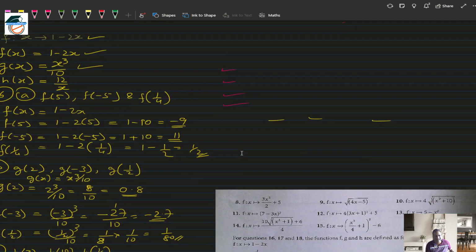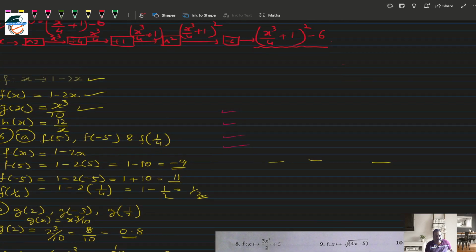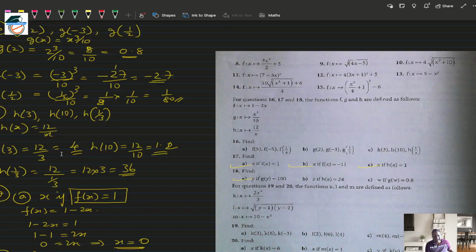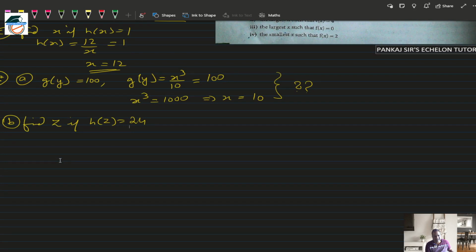It is given as h of x, not h of z, but I think you have to treat x and z the same. So it is 12 by x. So h of z is equal to 12 by x. Now, this is given to you as 24.